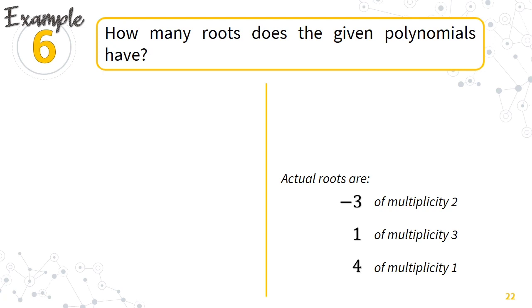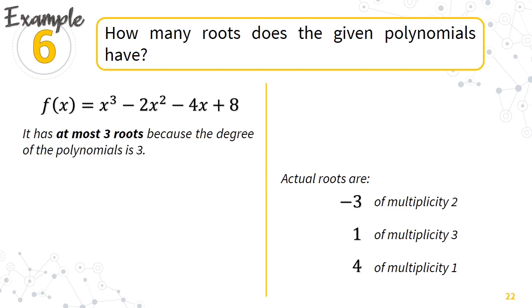For example, how many roots do the given polynomials have? The first one, f of x is equal to x cubed minus 2x squared minus 4x plus 8. It has at most 3 roots because the degree of the polynomial is 3.